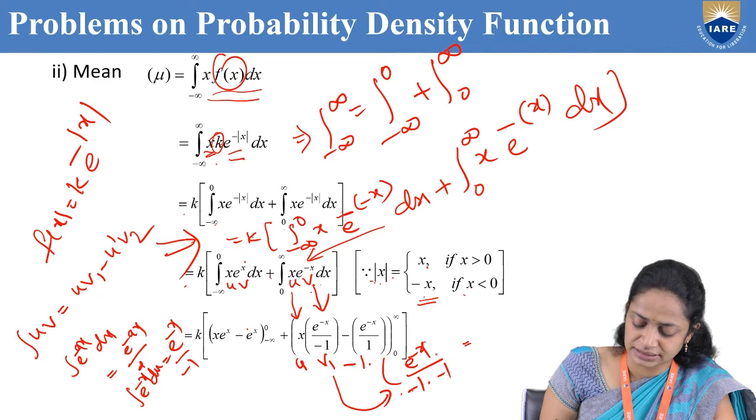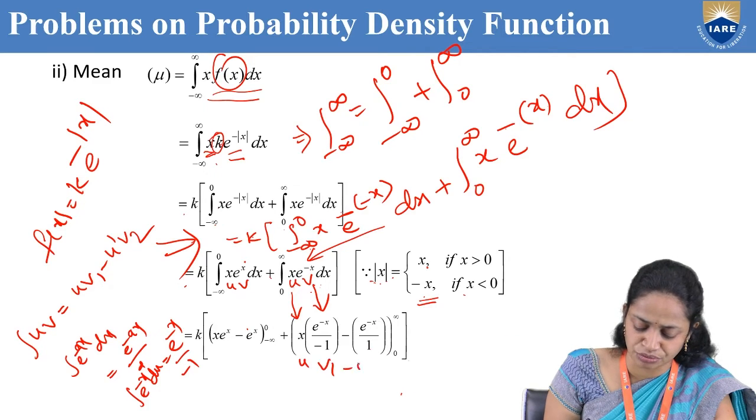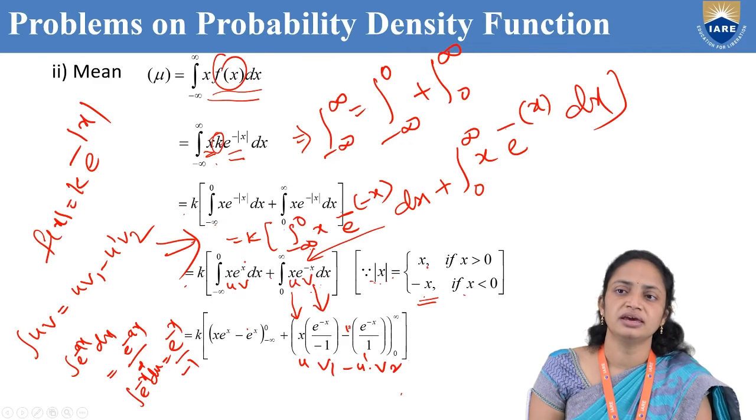So minus into minus plus e power minus x by 1. So this is in the form of u v1 minus u dash v2.